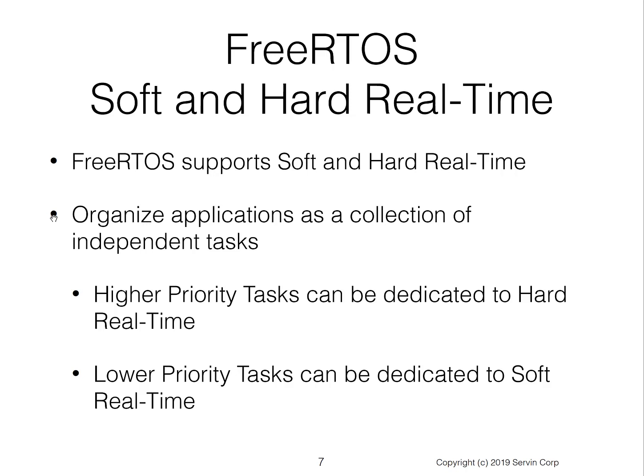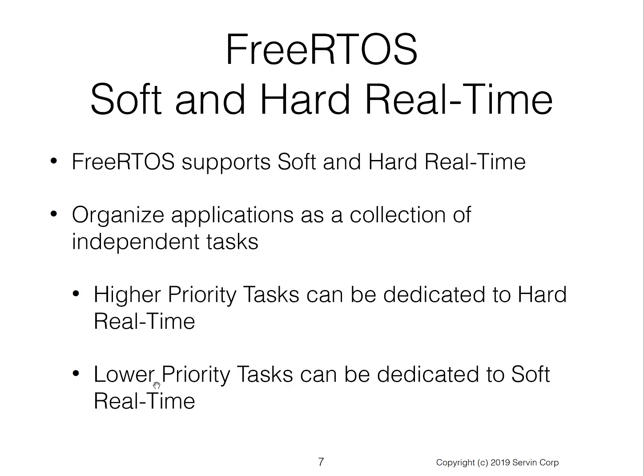So, as I mentioned, it handles both the soft and the hard real-time. It organizes applications as a collection of independent tasks. And this is going to be a key thing. We're going to find that when we put our FreeRTOS apps together, each one is an independent task, and you may have 2, 3, 4, 10, 20, however many tasks. The higher priority tasks are dedicated to hard real-time requirements. And we'll find that the way the FreeRTOS scheduler runs, higher priority tasks always run before lower priority tasks.